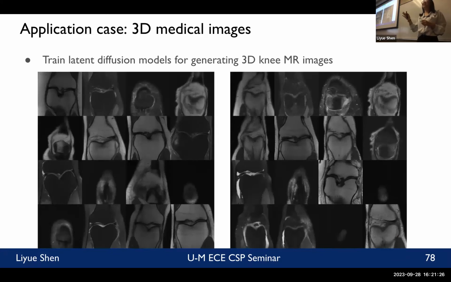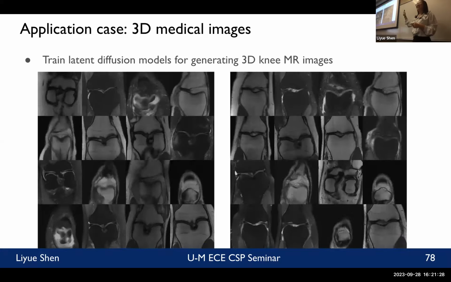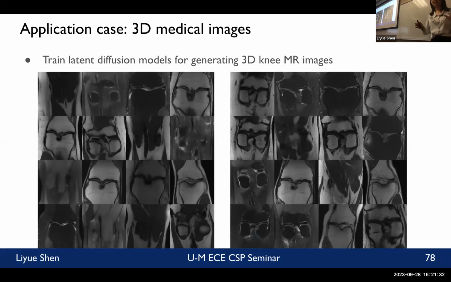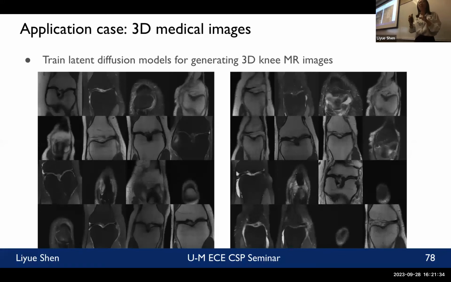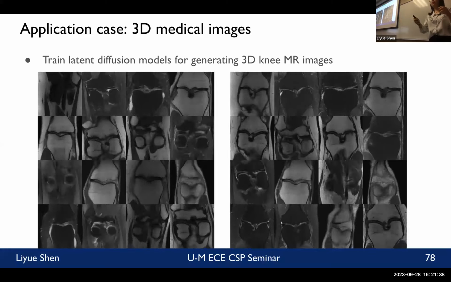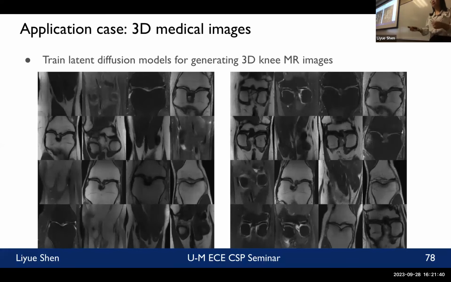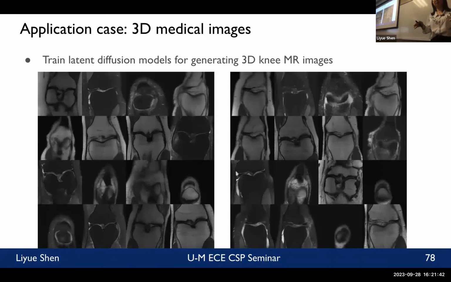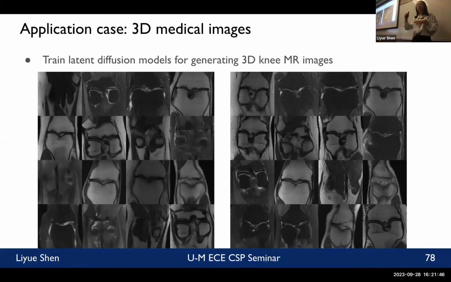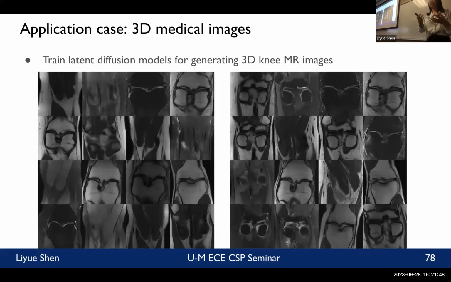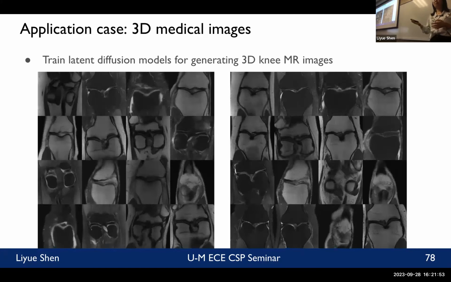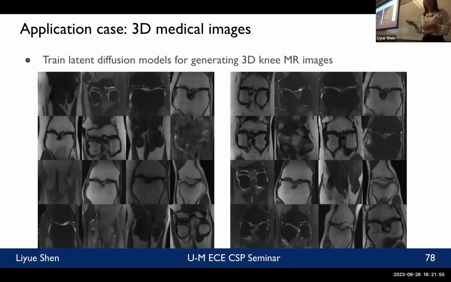Yeah, if I remember correctly, I put the real data as the right one. But you can see it's pretty good quality, though this is only for generation. The next step is that with ReSample, with this generative model of the 3D data from the latent diffusion, we can have data consistency to make this work for, for example, 3D reconstruction or other inverse problems in the latent diffusion.